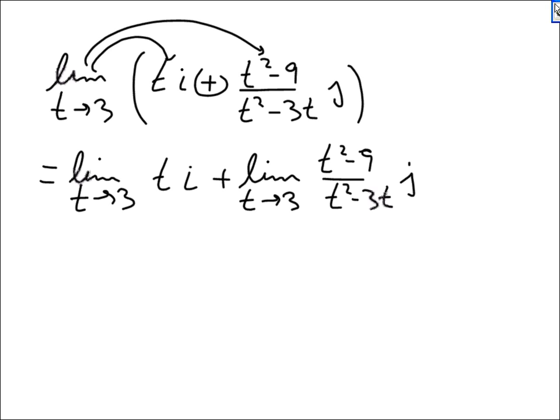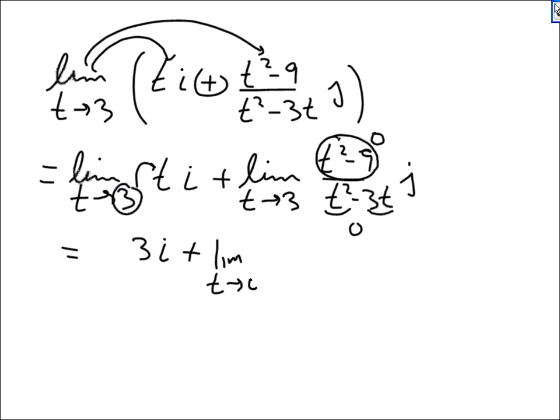Always directly substitute. See how that works. That gives me 3i plus, directly substitute, 3 squared is 9, minus 9 is 0. 3 times 3 is 9. Oops, I'm getting 0 over 0. Now, in Calc 1, you were taught to factor. It probably isn't the worst way of doing this problem. But since we've learned L'Hopital's rule, we can use it.